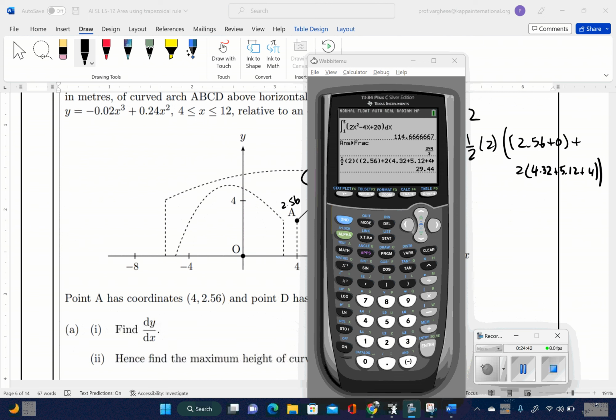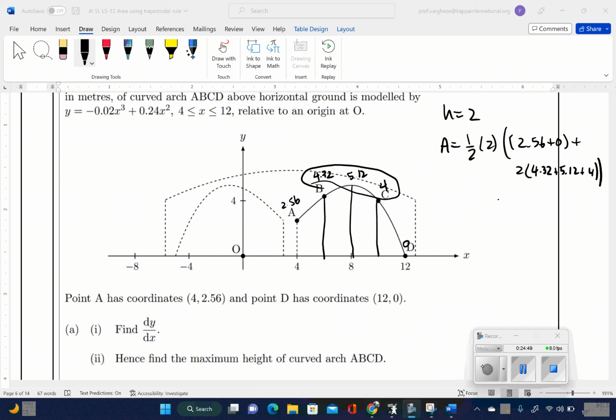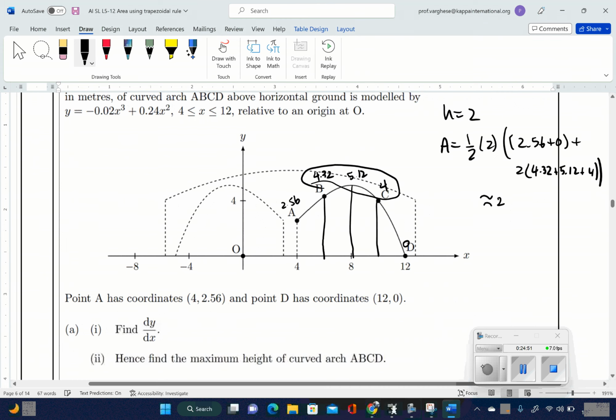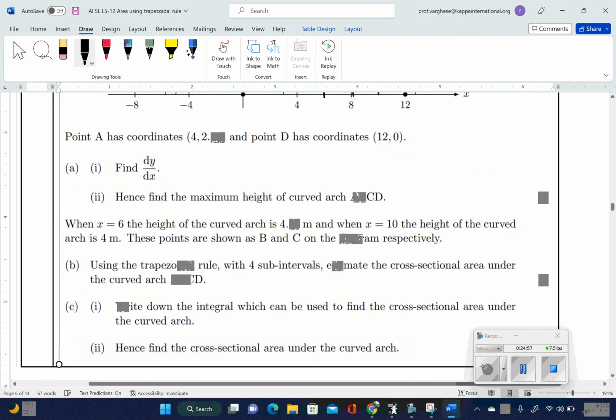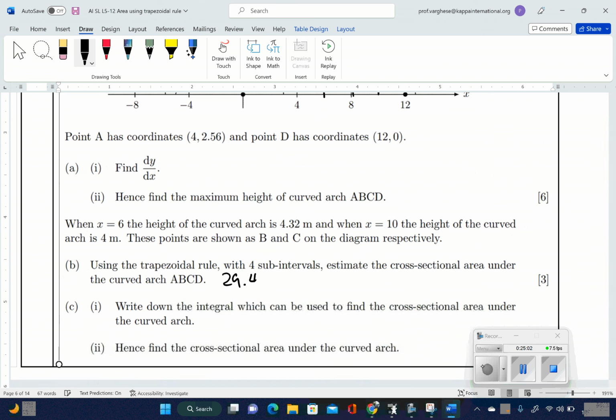And when I do that, I'm going to get 29.44. Okay, so meters squared. So this is about 29.44 meters squared. So good. So this answer is going to be 29.44 meters squared.